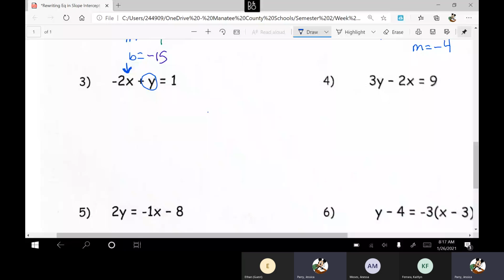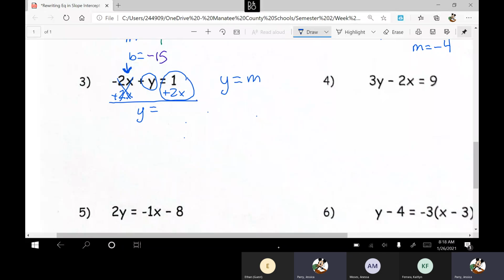Awesome. We're going to do the opposite of -2x, which is add or positive 2x. So add 2x to both sides. So this cancels out. And then I'm going to bring down my variable y equals. And then I need to put the 1 plus 2x side by side because we cannot combine them.